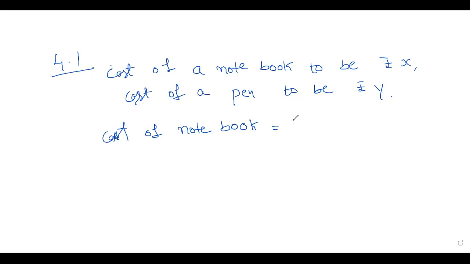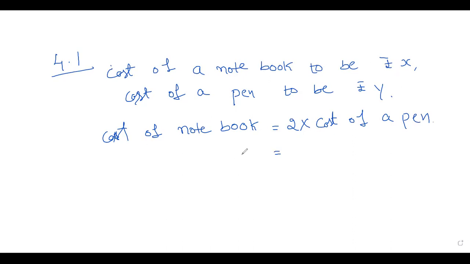Twice means what will you write? 2 times. 2 times means you have to write 2 into. When we say 2 times or twice, we write 2 into. 2 into cost of a pen, that is equal to, what is the cost of notebook?